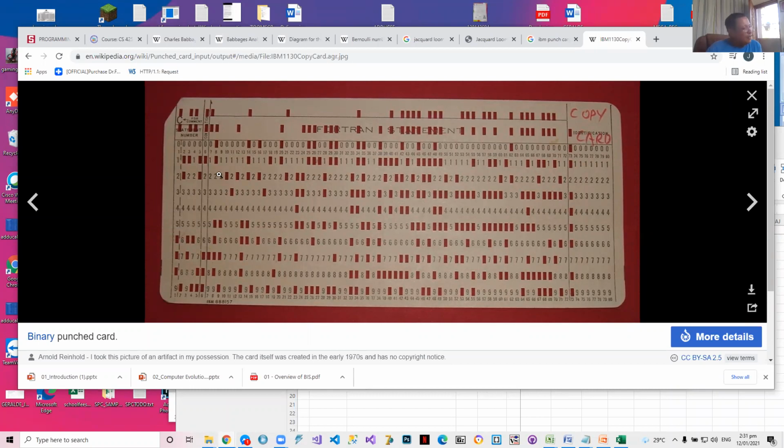So, are you familiar with fetch and execute? How is an instruction executed? Fetch and execute. First, it's fetched from the source and executed by the CPU. So, according to Charles Babbage, it will be fetched from the card and then processed in the mill. In modern lingo, it will be fetched from the card and executed by the CPU.